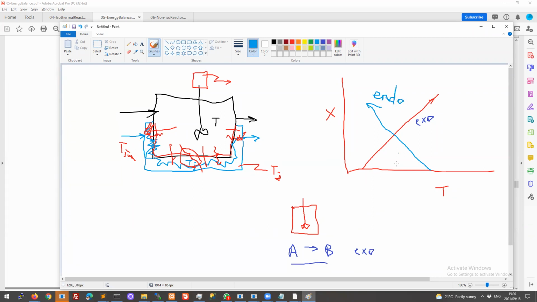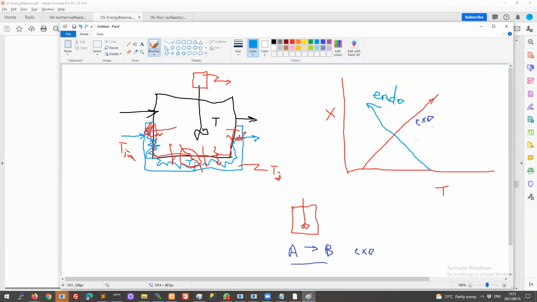Right, so that's the relationship between conversion and temperature. Again, this is independent of the reactor type. I was talking about a CSTR and kind of interchangeably about a batch reactor, and that's because this is all purely dependent on the chemistry. By the definition of endothermic and exothermic, these relationships exist.